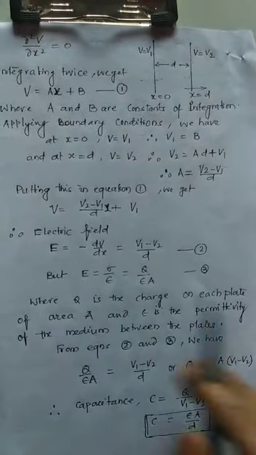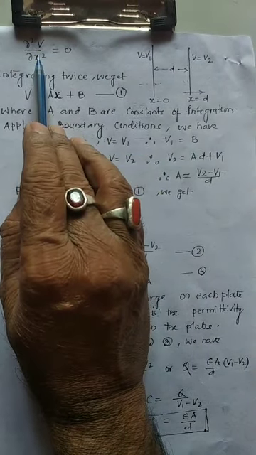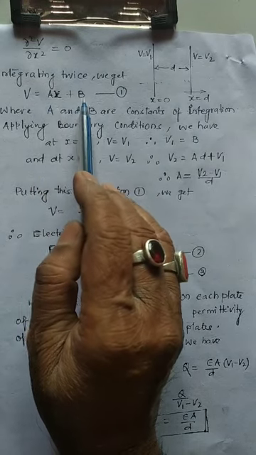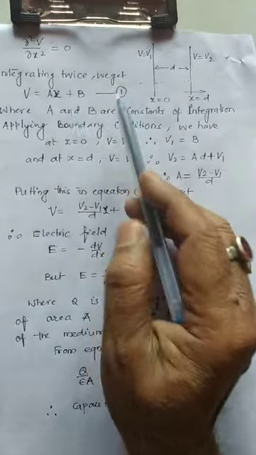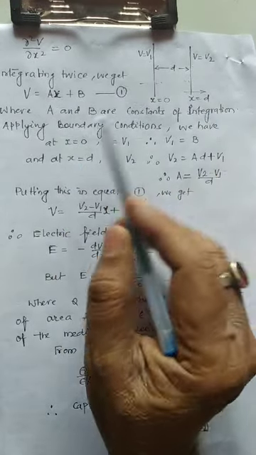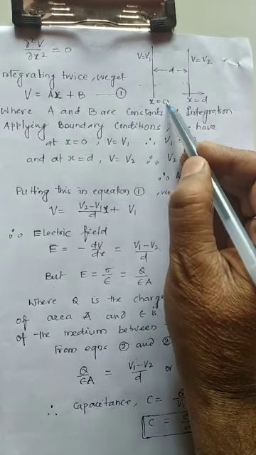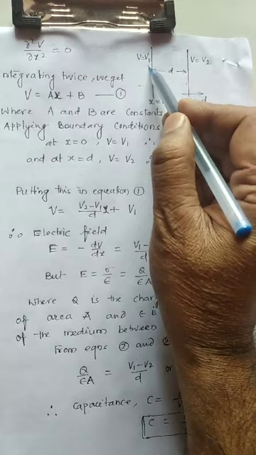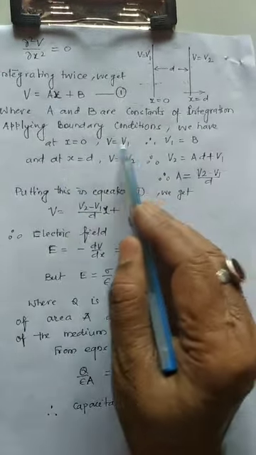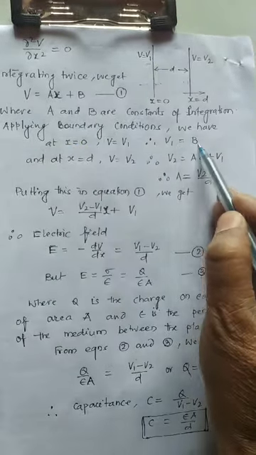Now integrating twice, we will get V is equal to Ax plus B, where A and B are constants of integration. Applying boundary conditions: at x is equal to 0, the potential is V1, so B is equal to V1.